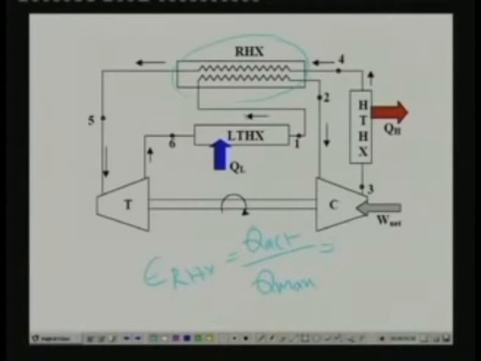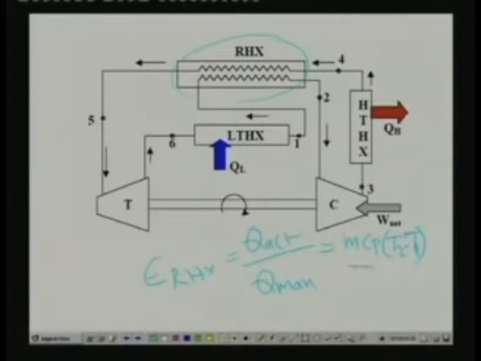Q actual is the actual heat transfer between the two streams, which is given by, for example, if you are taking the cold stream, mCp into (T2 minus T1), where m is the mass flow rate of air, Cp is the specific heat, and T2 and T1 are the exit and inlet temperatures.